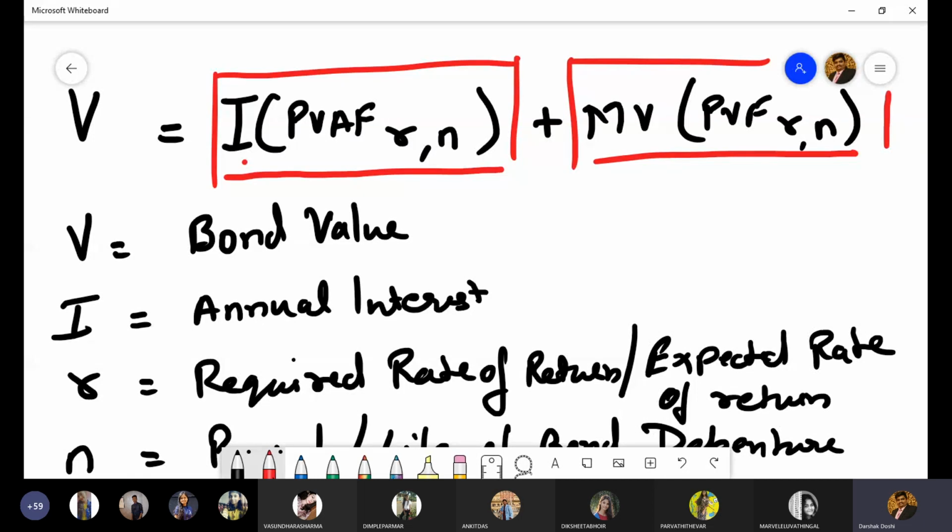So this formula is simple, doing nothing but bringing all the cash flows of the bond to present value terms and totaling it up. The first part relates to annual interest and the second part relates to maturity value. From the bond you get two things, interest and maturity value, nothing else.